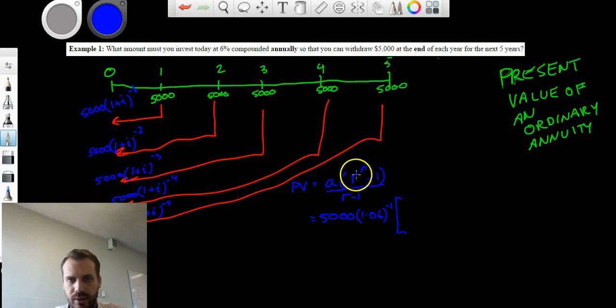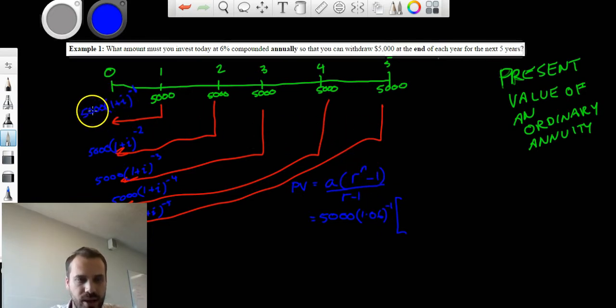Now, our R value. Our R value is the amount that each new number is getting multiplied by. You can see that this is 5,000 times 1 plus I to the -1. This is 5,000 times 1 plus I to the -2. 5,000 times 1 plus I to the -3. Each one of these is being multiplied by 1 plus I to the -1.